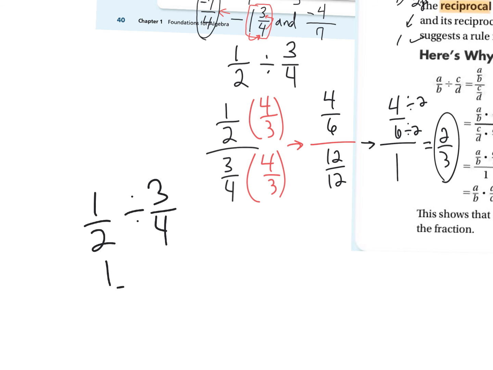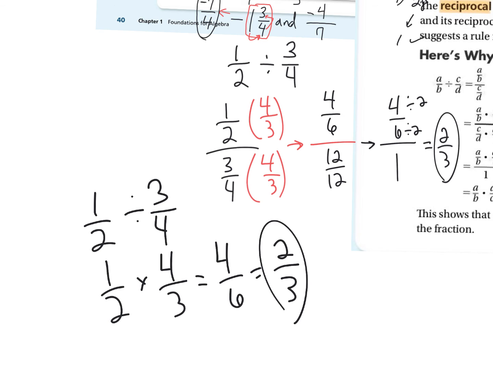You can just do like you've always done: keep, change, reciprocal, and then reduce. Or you could have reduced the 2 and the 4 before you multiplied if you want. Okay? So if that other thing I showed you was confusing, you don't have to worry about it. I'm just showing you that this works for dividing fractions: keep, change, reciprocal.